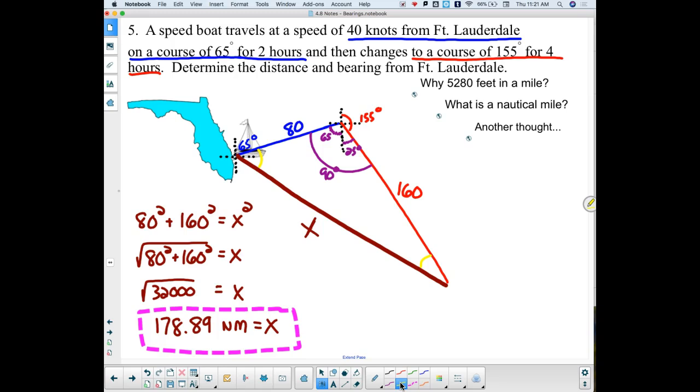Blue and maroon. We're going to find this one up here. What's the definition for bearing? Navigation. So we got to find the angle to get to it. How are we going to find that angle?